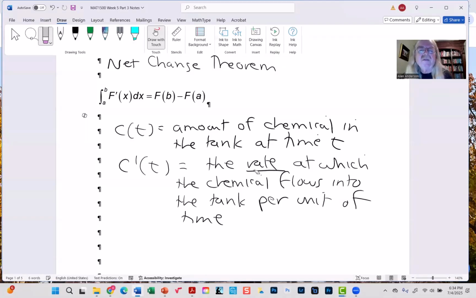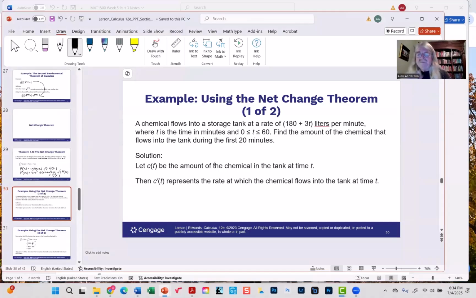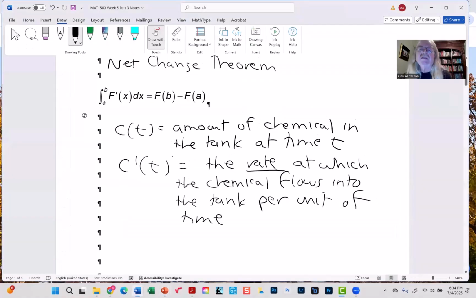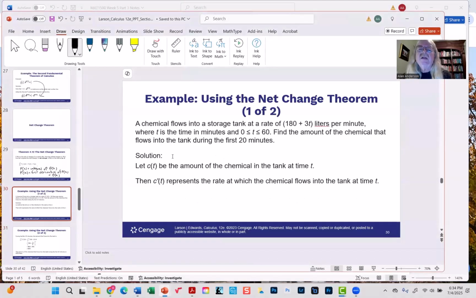All right, so going back to the problem. Also, we have to keep an eye on the fact that the domain of this function is restricted to 0 to 60. Now, the way they've written it, it may not be clear, but the chemical flows into the tank at a rate of 180 plus 3t.